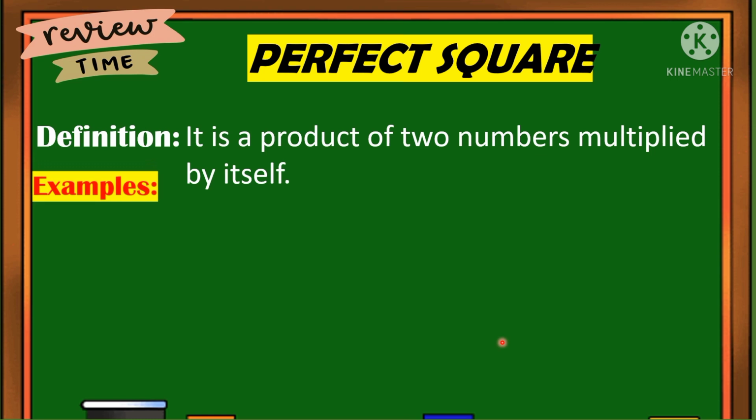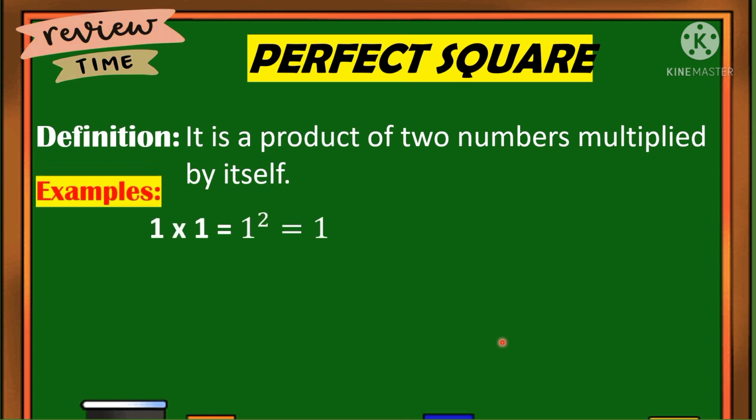For example, 1 times 1 is the same as 1 squared, right? So it is equal to 1. 2 times 2 is also 2 squared, which is equal to 4. 3 times 3 is the same as 3 squared, or 3 raised to 2, is equal to 9.